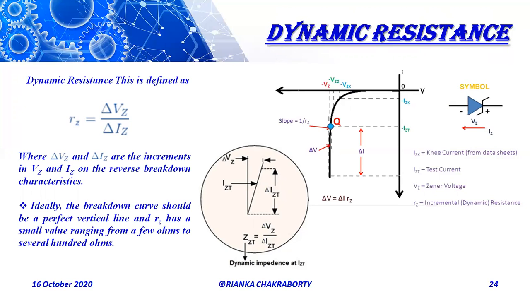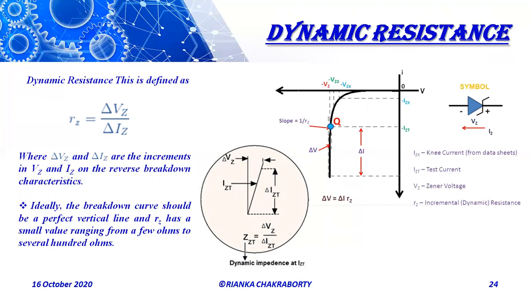If Vz, that is the Zener voltage, is the operating voltage of a Zener diode, and Iz is the corresponding Zener current, the DC resistance of the diode is Vz by Iz. That is the static resistance.